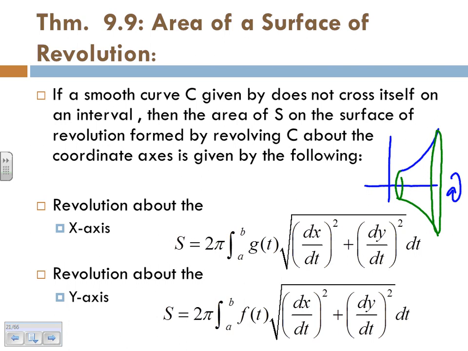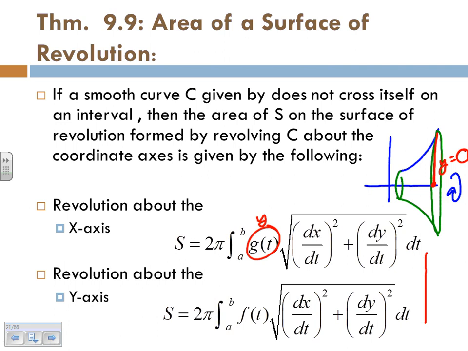So if you remember, the formula for surface area is 2 pi r times arc length. We had that in rectangular. Same thing here. So we're going to go 2 pi r. The r in this case is which part of the parametric equation, x or y? Y. So whatever y equaled is what you're going to put here in terms of t.